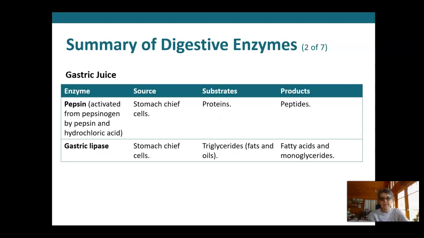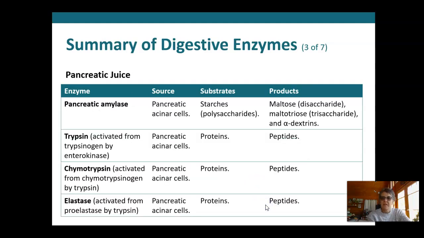In the stomach, we saw pepsin working on proteins, and we saw gastric lipase also being released to work on lipids. So right now we have carbohydrate digestion beginning in the mouth, protein digestion beginning in the stomach, and lipid digestion beginning in the stomach.